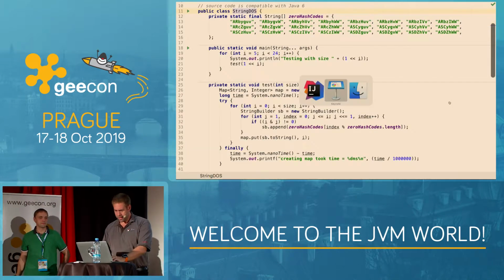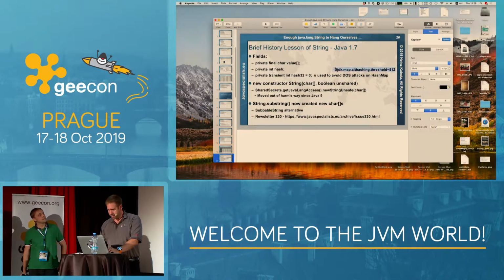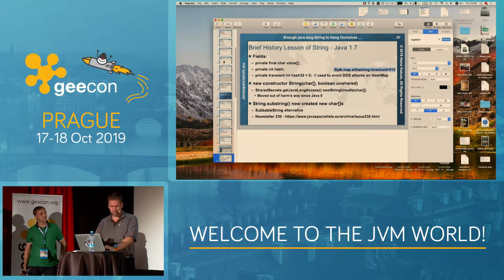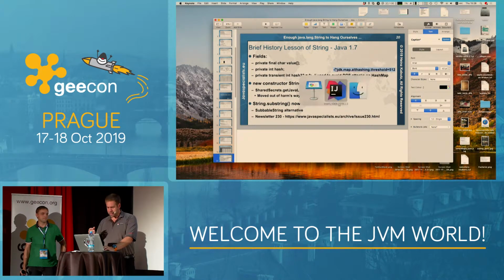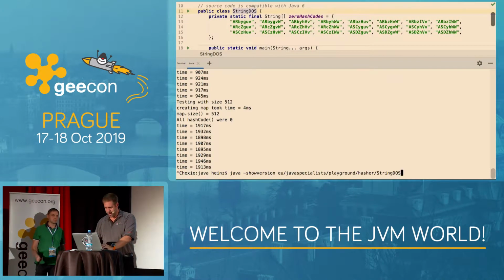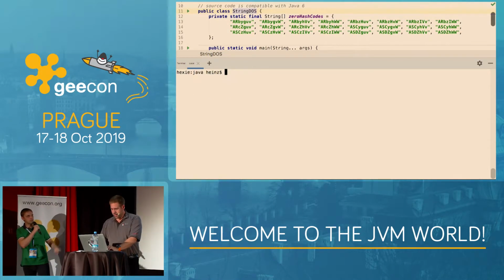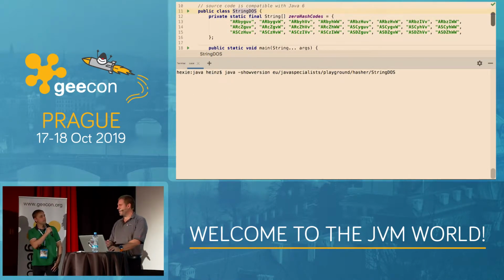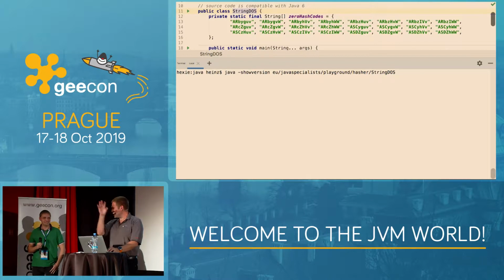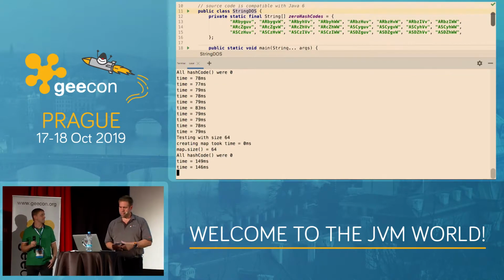There's a switch, -Djdk.map.althashing.threshold equals whatever number, and then it starts using this other mechanism once you get to that level, after that number of elements. It's something related to the bucket size. I'm not sure exactly if it's the number of buckets or the number of elements.